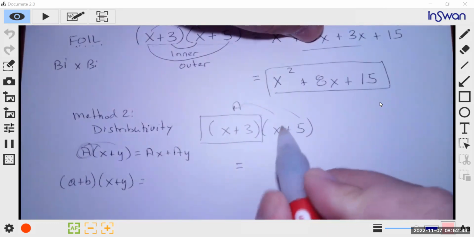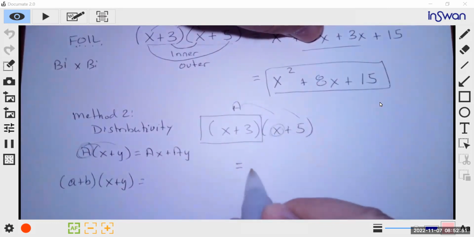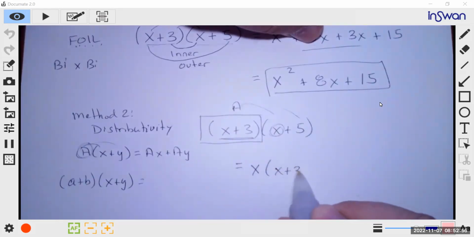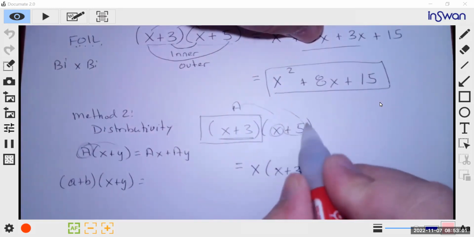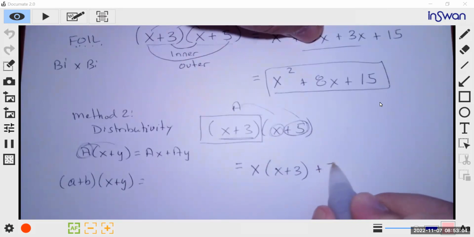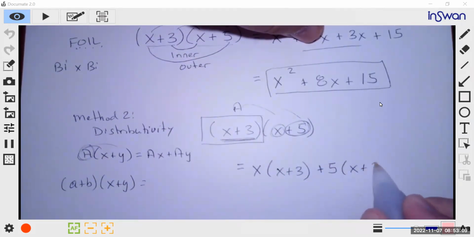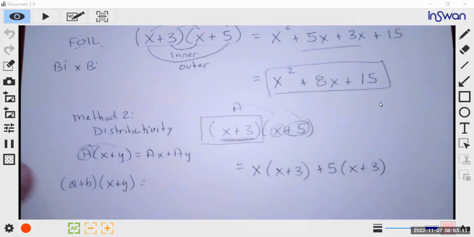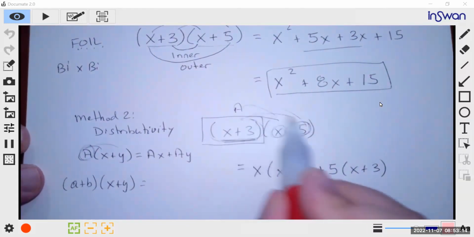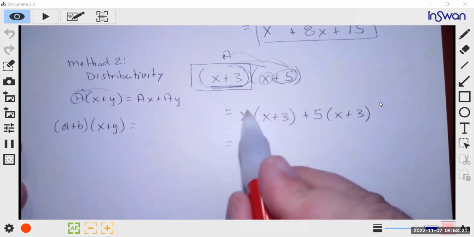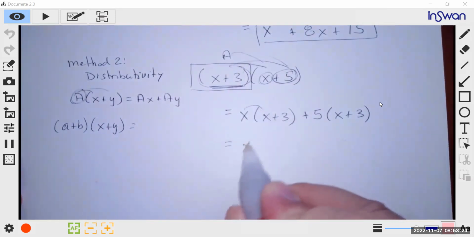So in the second, we have x times x plus 3. Then a plus 5 times x plus 3. So I take whatever's in front up here and multiply it to each term inside there. Do the process again. You have a coefficient, x times x, x squared.